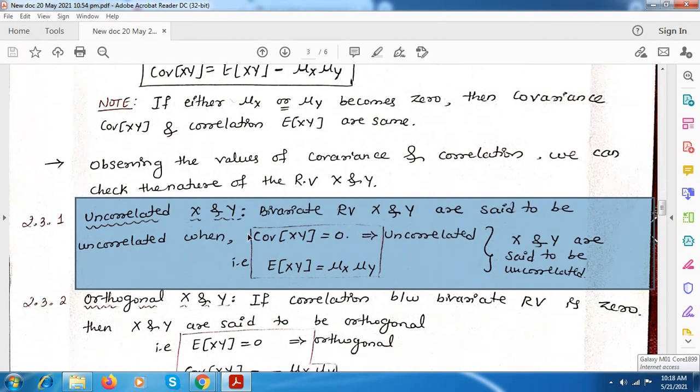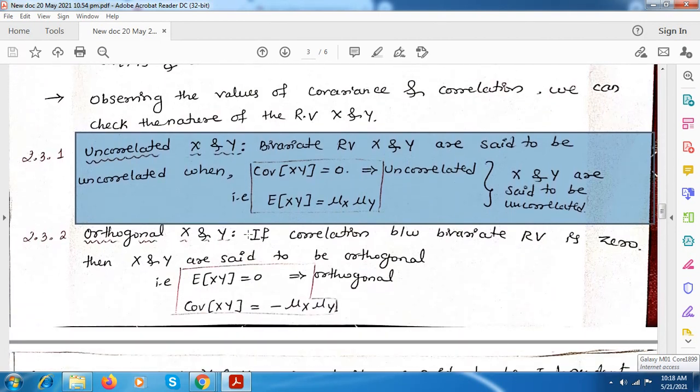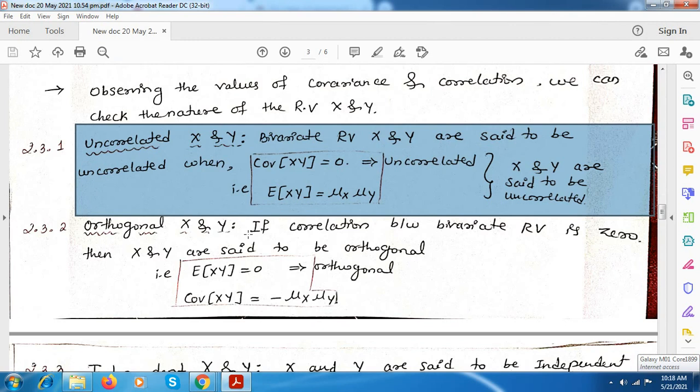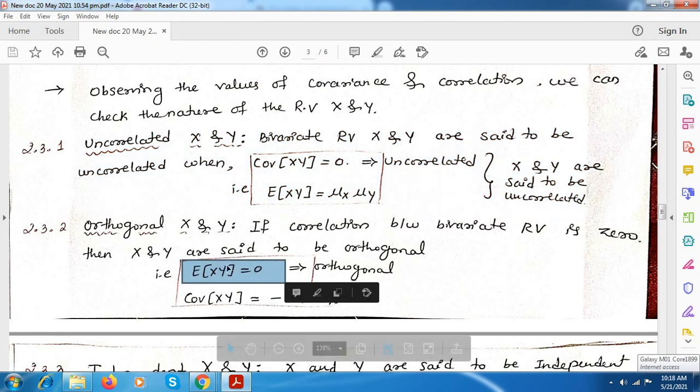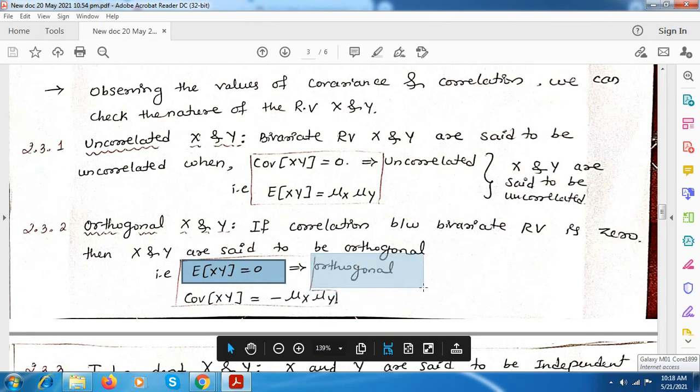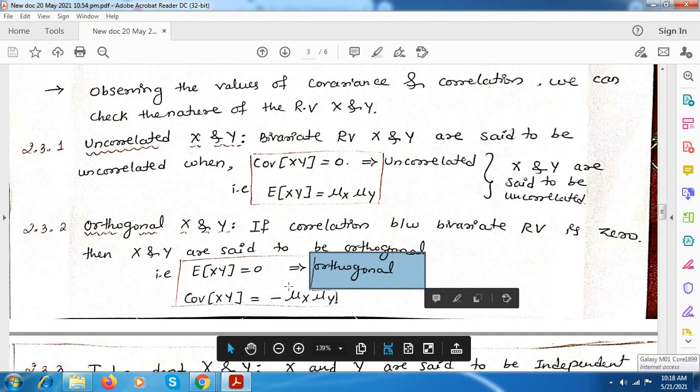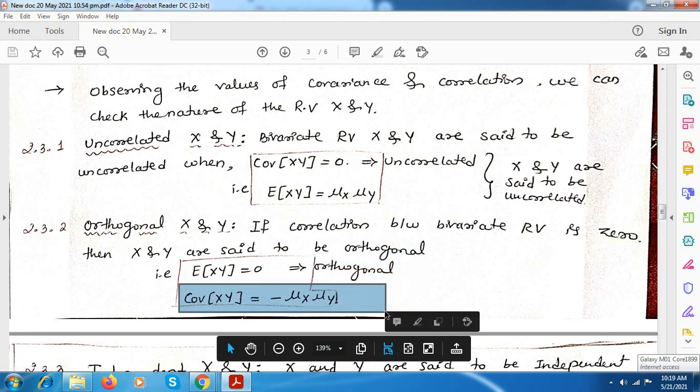So next one is orthogonal. When x and y are orthogonal to each other, it means E of xy is equal to 0. When E of xy is equal to 0, we say that x and y random variables are orthogonal to each other. So in the covariance, if you put E of xy equal to 0, you get covariance of x and y equal to minus the product of the mean values.